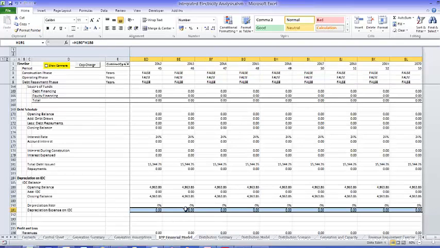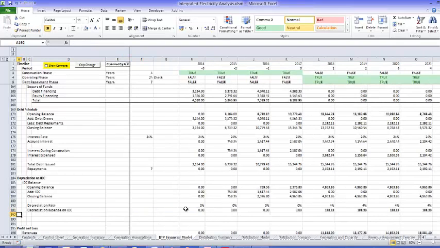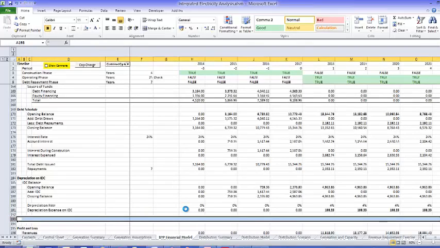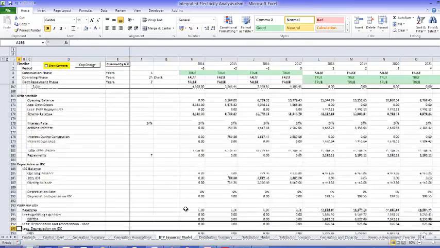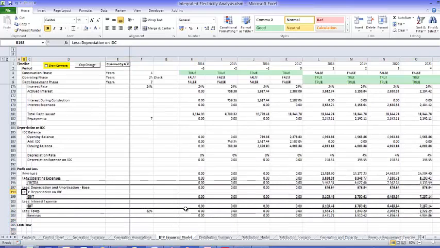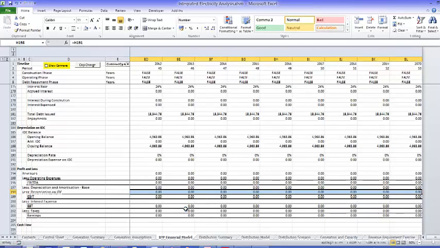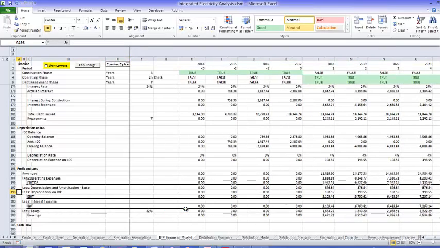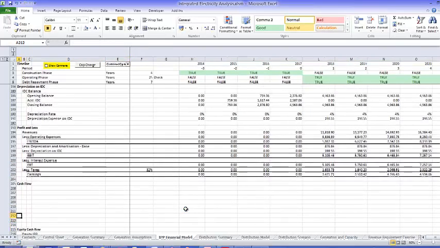Okay, and then we're finished with our depreciation, and I think we're making fairly good progress because now we can put the depreciation on the IDC right into that line. Okay, and we get our earnings.